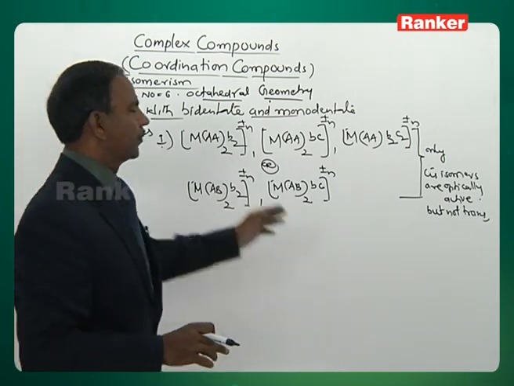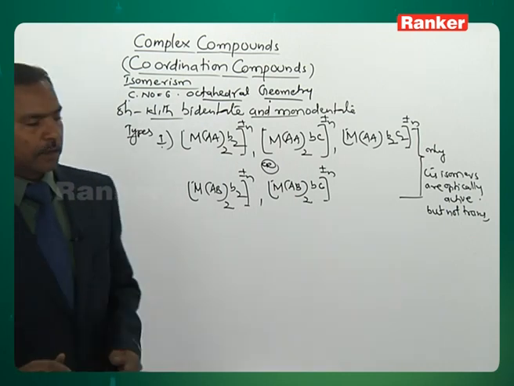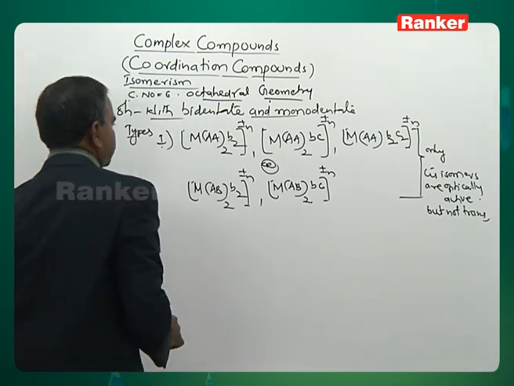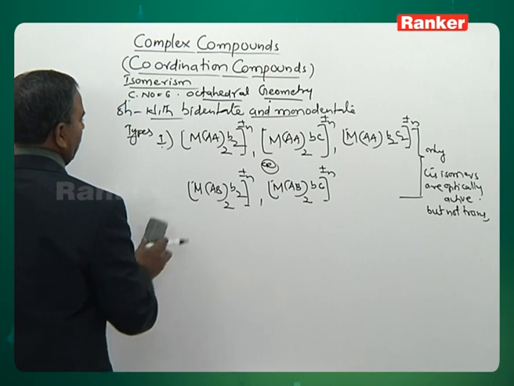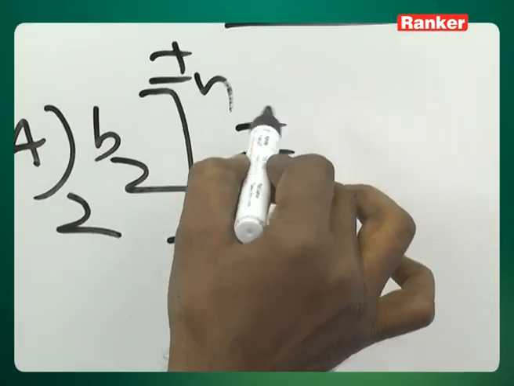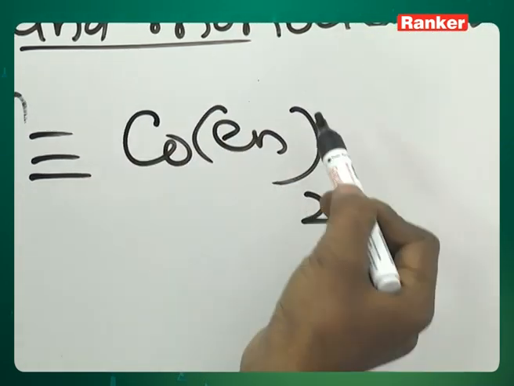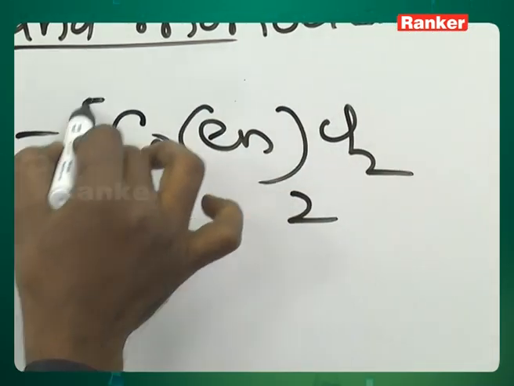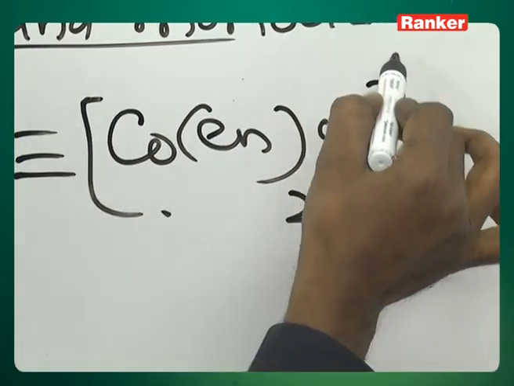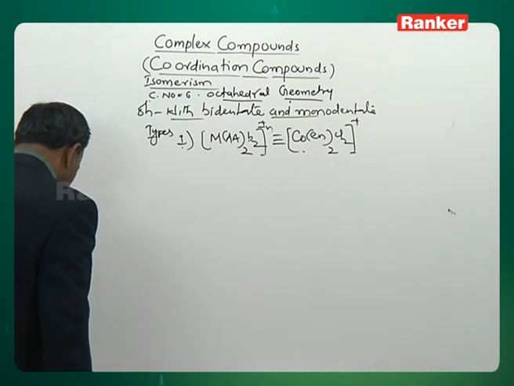Let us take one by one how they are exhibiting optical isomerism. Take the first model, M(AA)B2, let me write. This M(AA)B2: Co(en)2Cl2 plus.